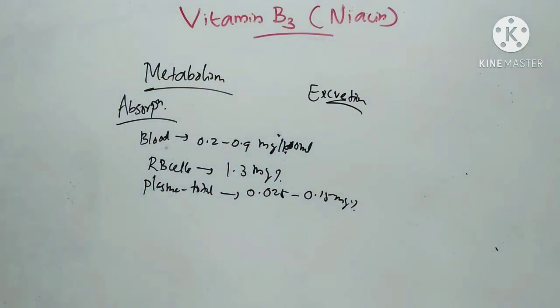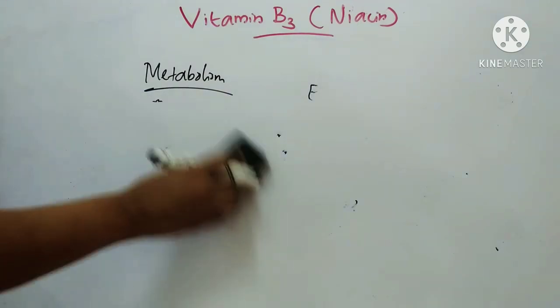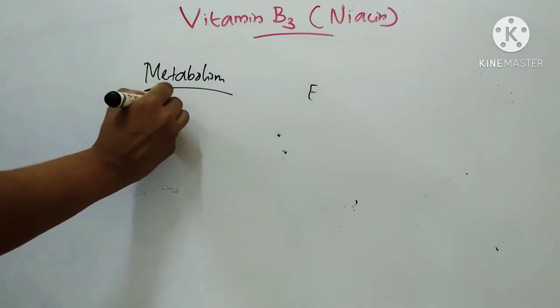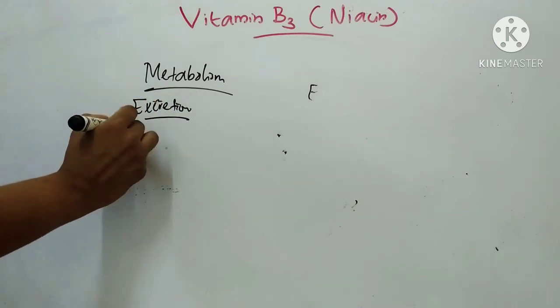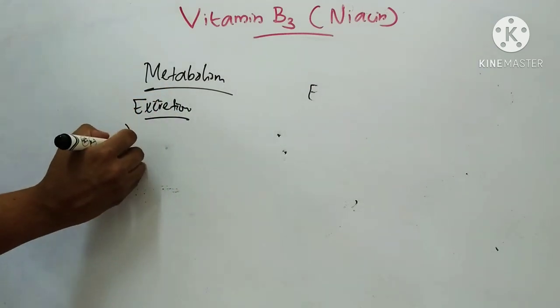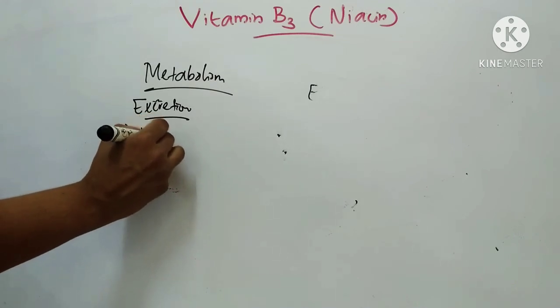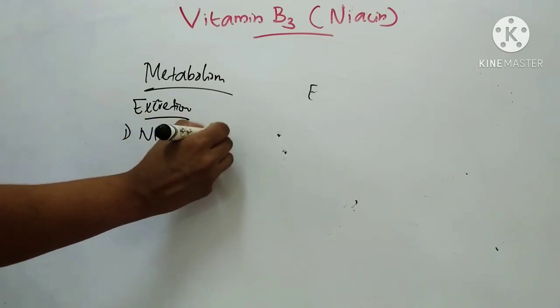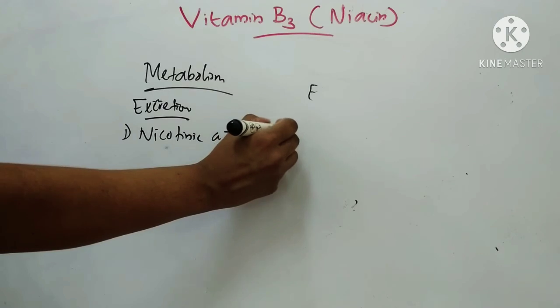In urine, it is excreted in many forms. First one as nicotinic acid and nicotinamide.